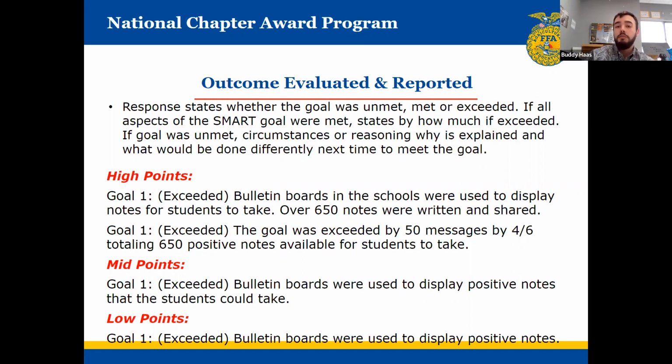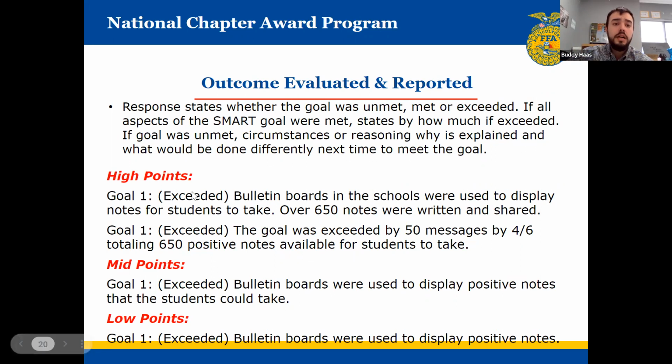Most of the time you will see goals in our applications with outcomes that say they're either met or exceeded. Occasionally you'll see an unmet goal. Just because it's unmet doesn't mean it should get a 0 point value. If it's unmet, it just needs to say the reason why it was unmet and what they are going to do differently to meet their goal next time. Same thing if it's exceeded: it should say how much it exceeded that goal by.